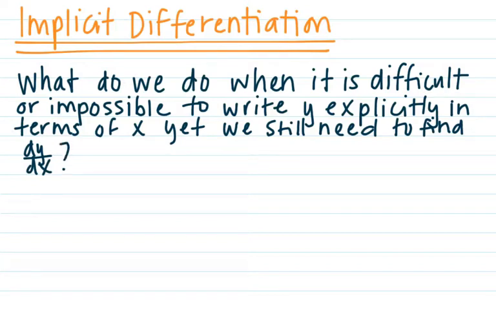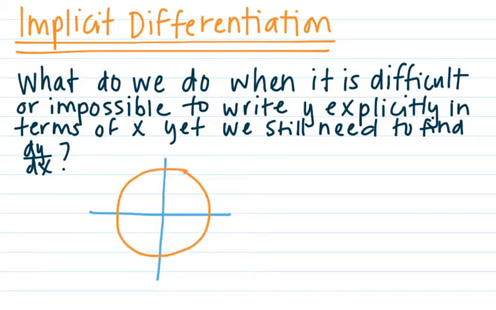So, for example, let's say we have a graph of a circle with radius 5. I should still be able to figure out what's the slope when x is 2 or when x is 5. We should still be able to calculate the slopes of those tangent lines, even though this is not a function.